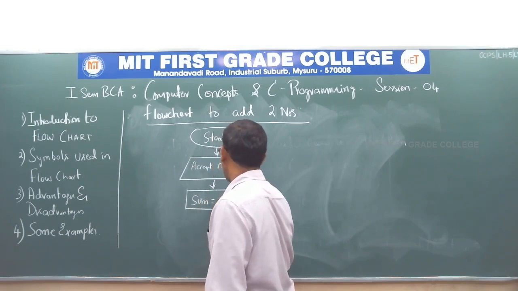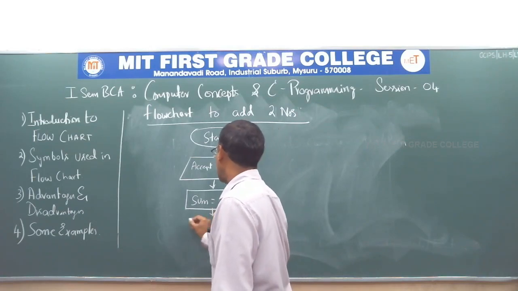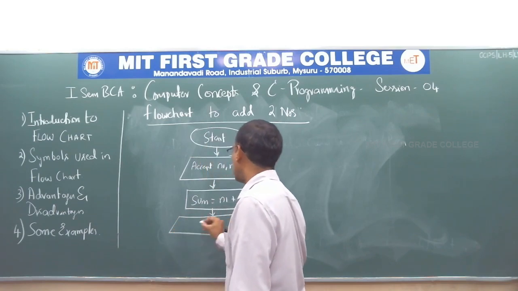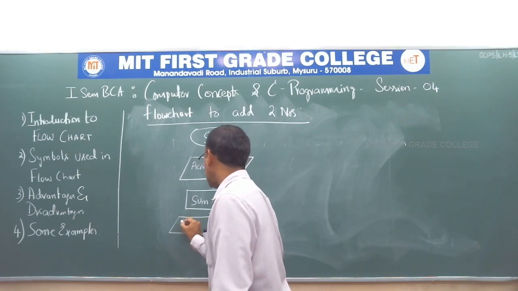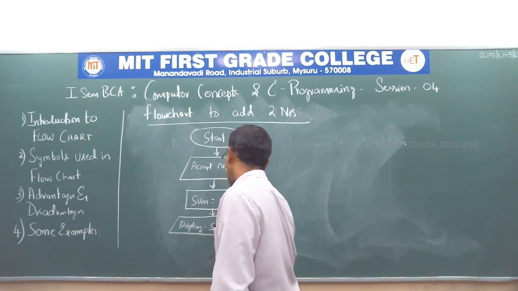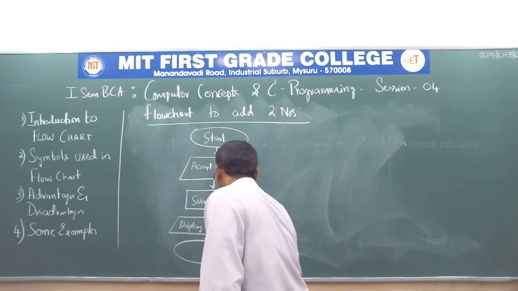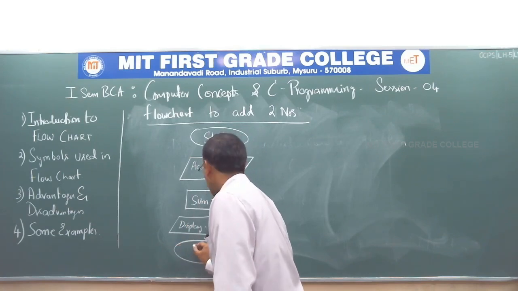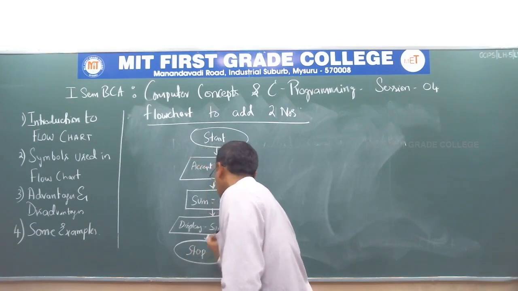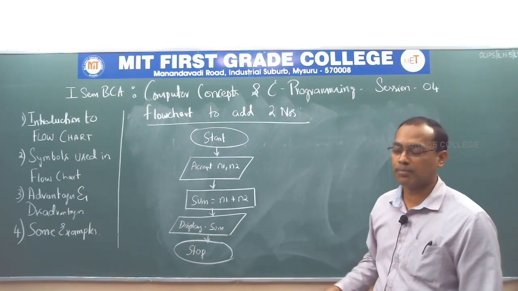Sum is equal to N1 plus N2, and then display the result. Again, you're going to use the parallelogram and say display sum, and then lastly end the flowchart by using a terminal. You can say stop or end. So this is the flowchart to add two numbers.